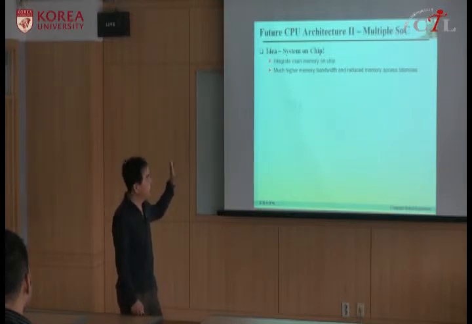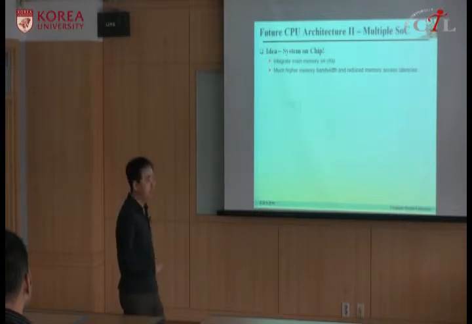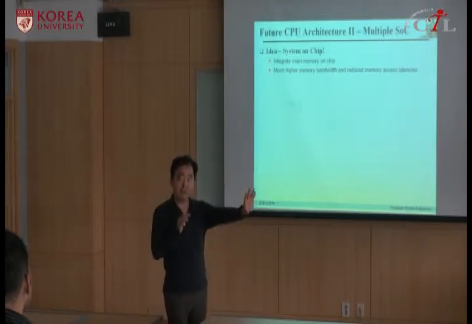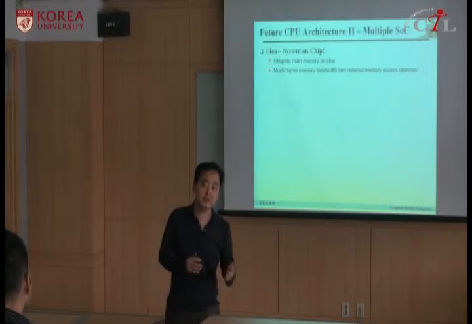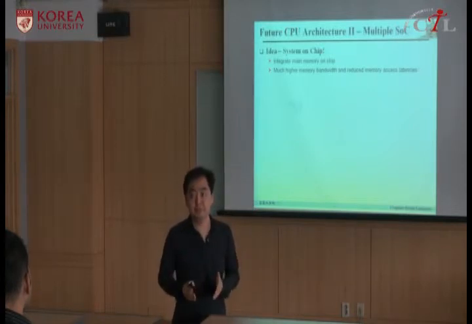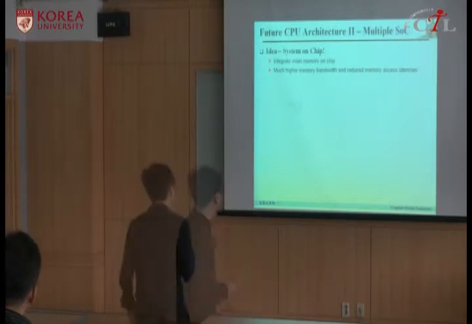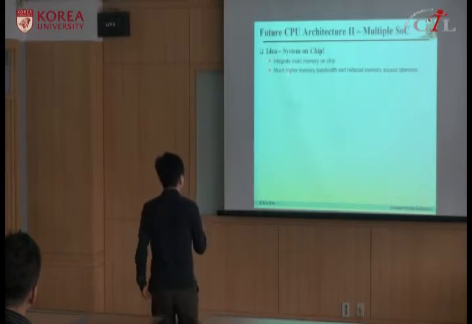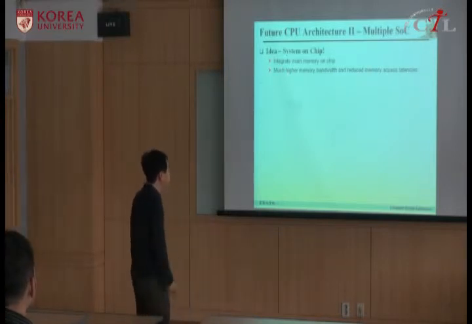It's a multiple SoC. So you need to integrate, maybe DRAMs will be farther and farther away. Sometime in the future, you need to integrate DRAMs on the CPU chip. And it can improve memory bandwidth and it can reduce memory access latency.